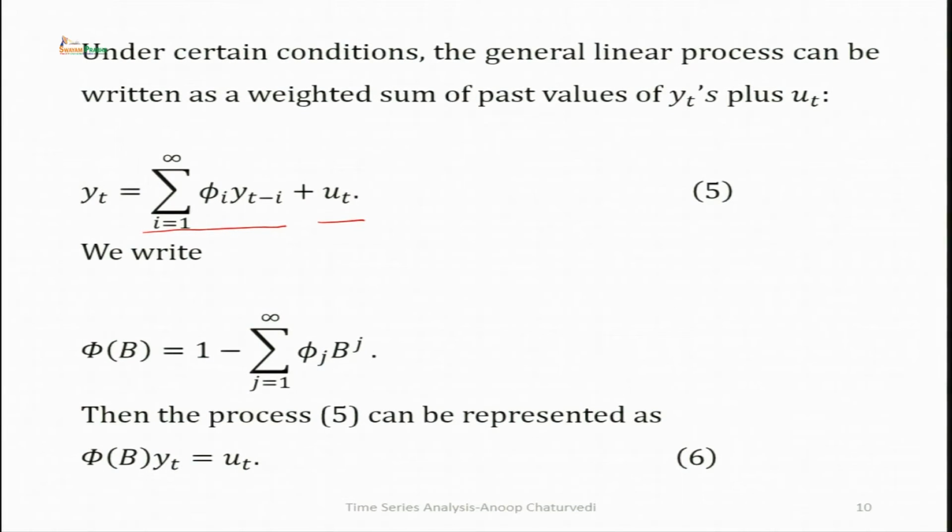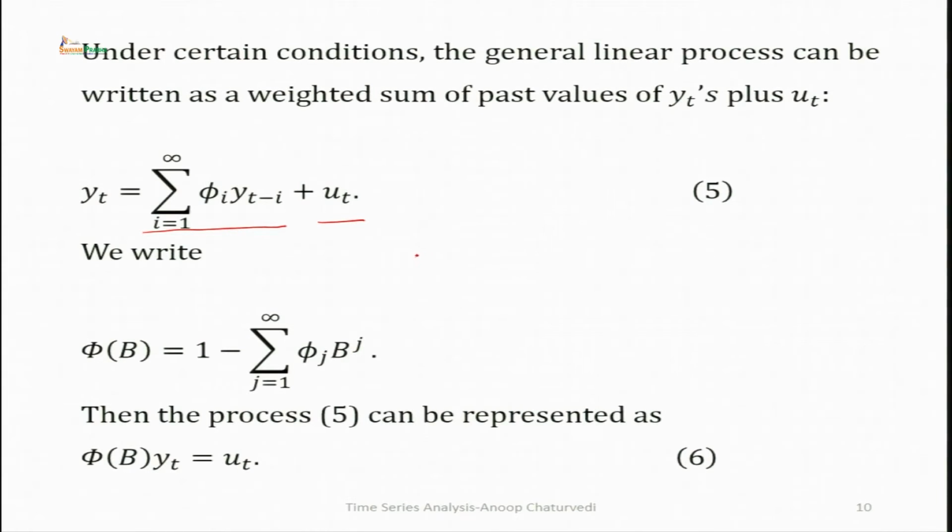So, suppose you write phi B equal to 1 minus summation j equal to 1 to infinity phi_j B to the power j. So, you take all these terms towards left hand side.